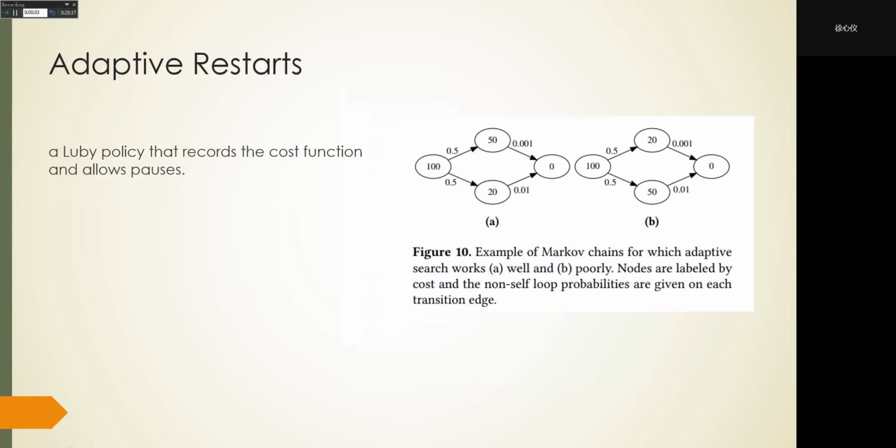Here is an example where the adaptive restart actually performs worse than the Luby policy.